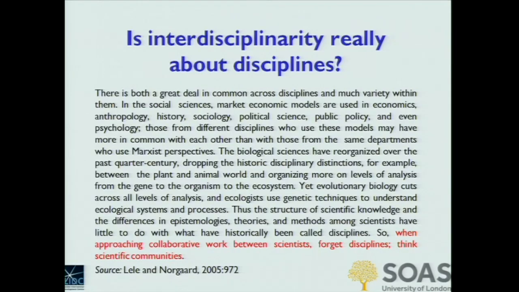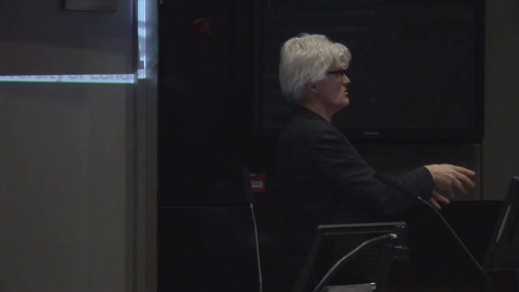This is a long quote, which I would normally read, but I think one of the ironies of the discussions on interdisciplinarity is that interdisciplinarity, at the end of the day, is perhaps only very partially about disciplines. Chaitanya Lele, who works on forestry in India, great interdisciplinary work, argues, I think he says it's basically a red herring to always oppose the economist to the natural scientist to the sociologist, for instance.